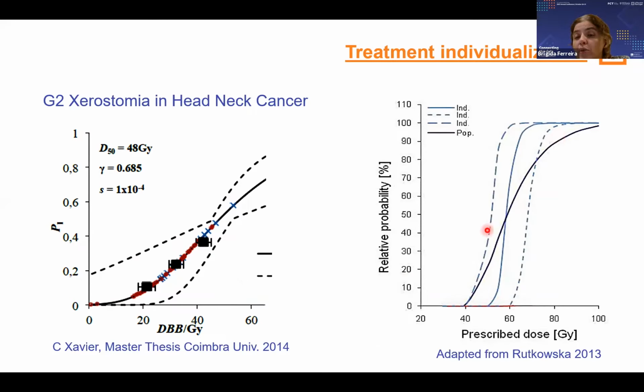But this is the dose response curve of one patient, of a second patient, and the third patient. And when you group all these patients, because you need to, you get a much shallower dose response curve. And this is why we have here a gamma value that is so small.